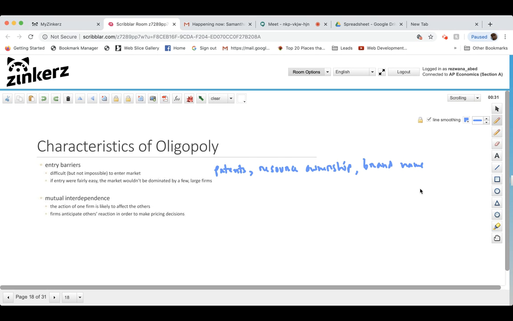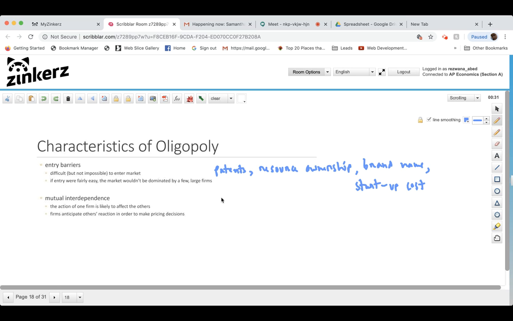Startup costs tend to be really high. So it's not impossible to enter an oligopoly market, even with these kinds of barriers to entry, but it is fairly difficult.